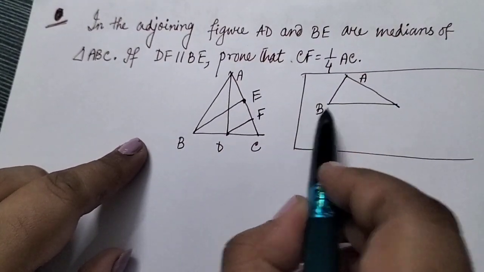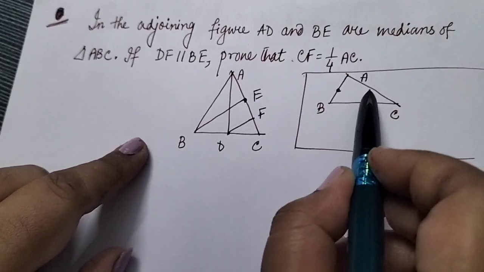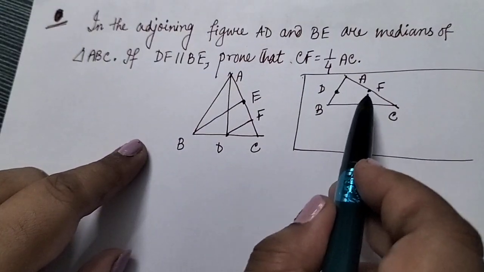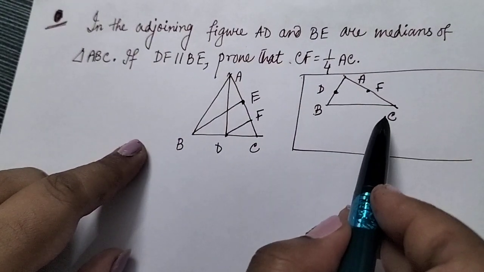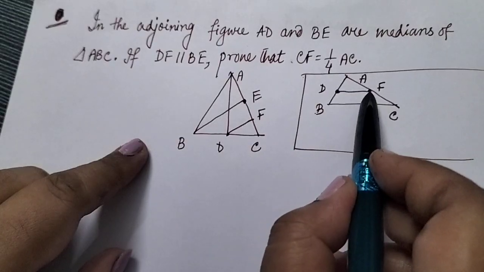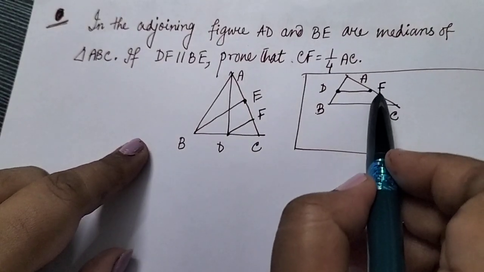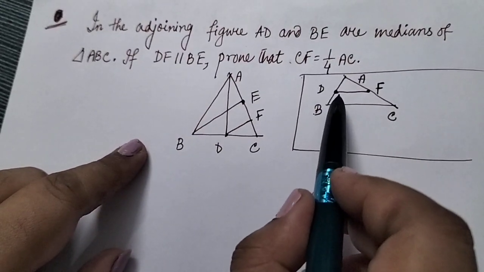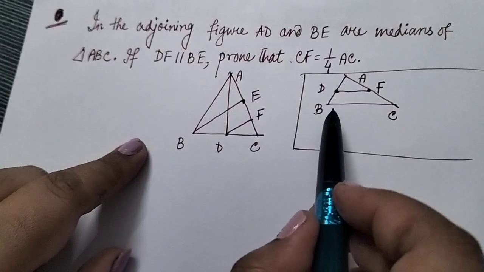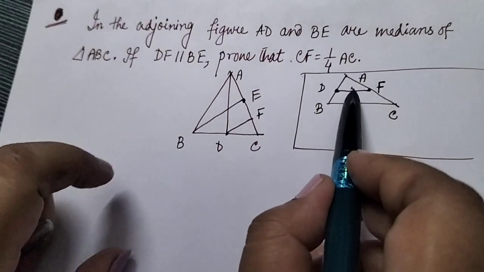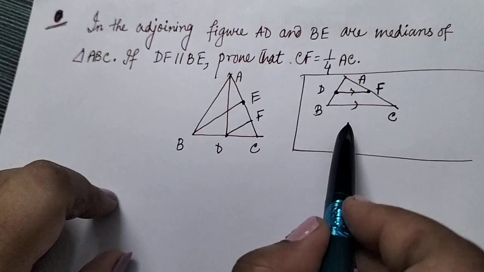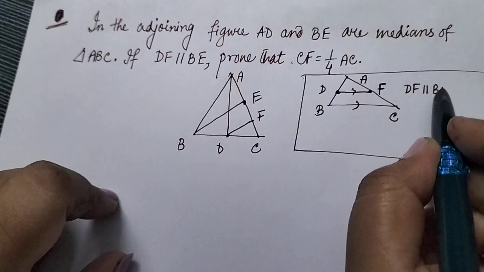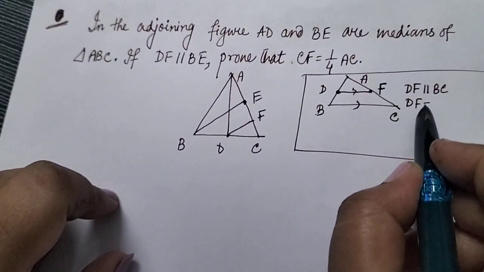The first one, the midpoint theorem, tells us that if in triangle ABC, D and F are the midpoints of two sides AB and AC respectively, then the line segment joining D and F must be parallel to and half of BC. That is, DF is parallel to BC and DF is half of BC.